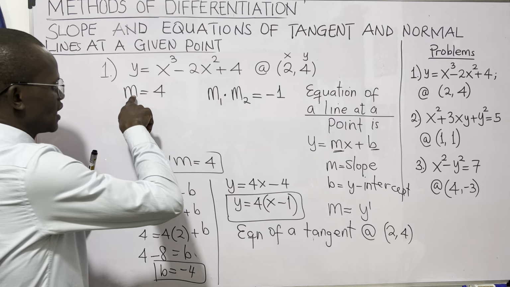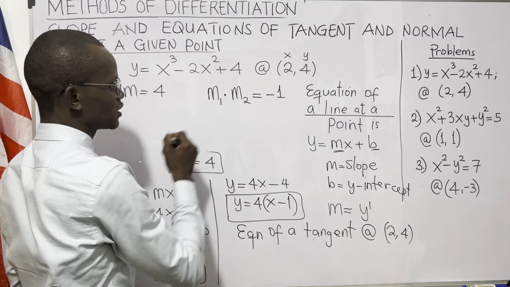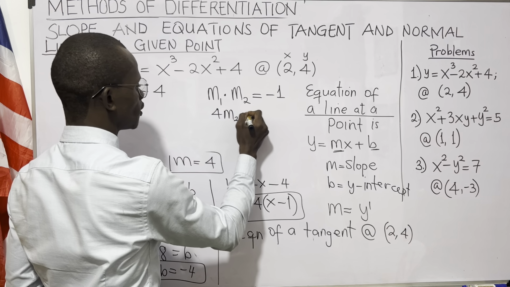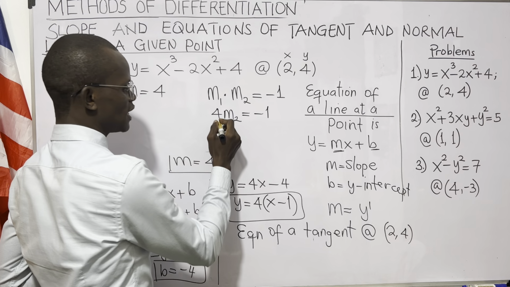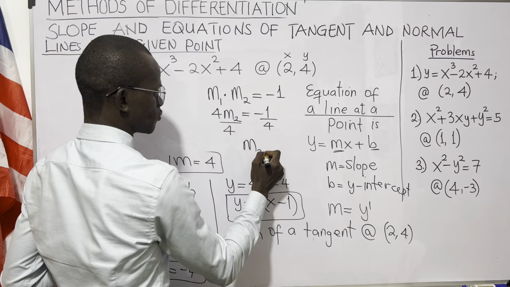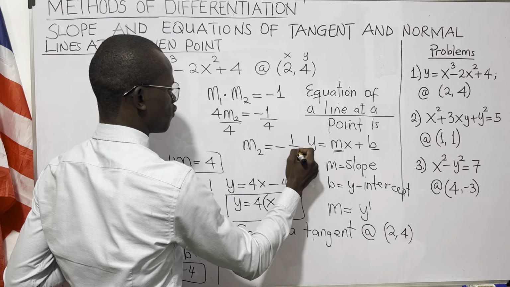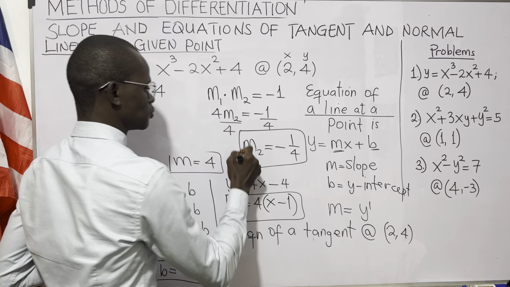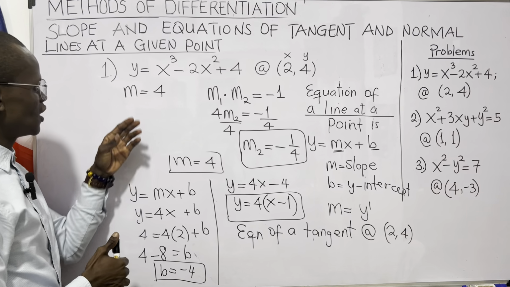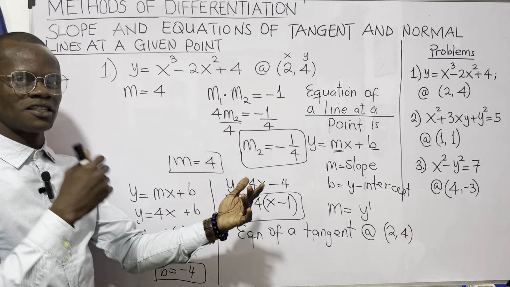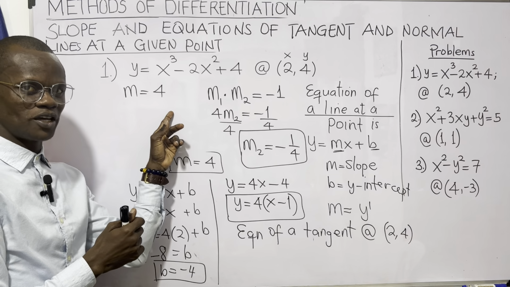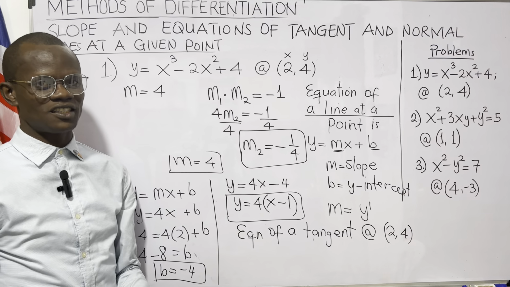So if we know M1 to be 4, then 4 times M2 equals -1, which means M2 will be -1/4. So for short, we just say the slope of the normal line is the reverse of this particular slope, with a negative sign attached to it.